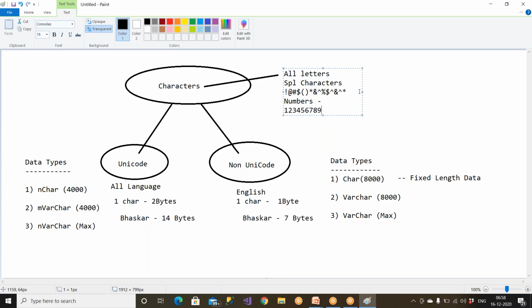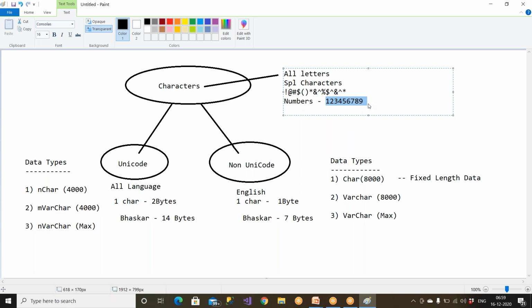All these are called character data only. Remember this. Clear? All letters of English, Chinese, whatever you have, all languages will be taken as a character only. Special characters like this and space are also treated as characters only. Even the numbers are treated as characters only.